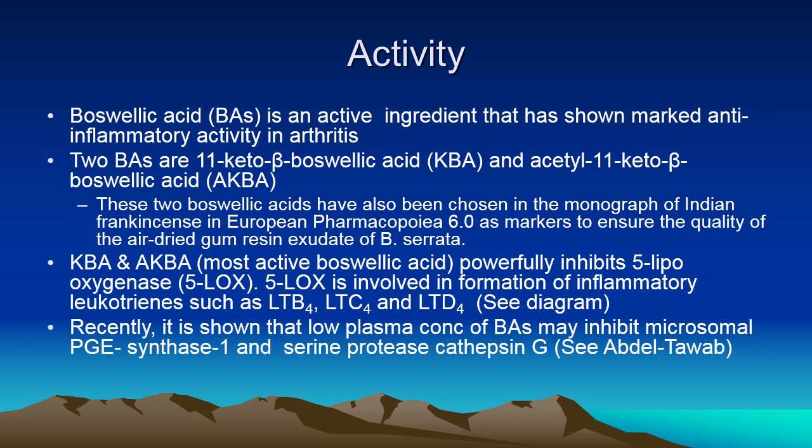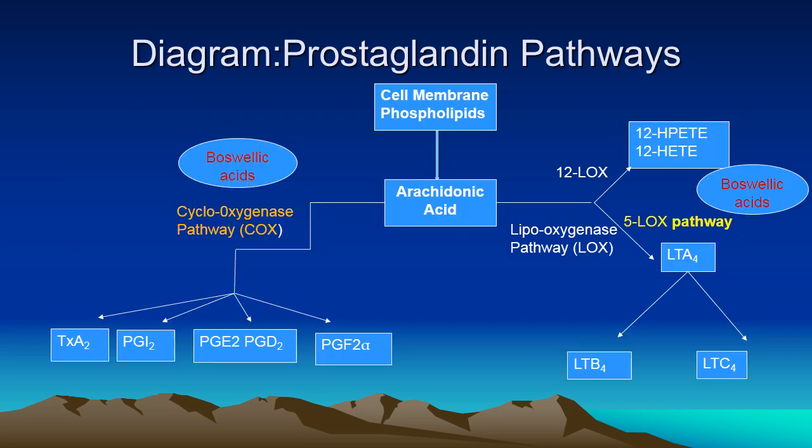Recently, it is shown that low plasma concentrations of boswellic acids may also inhibit microsomal prostaglandin E synthase 1 and the serine protease cathepsin G. They are also involved in inflammation. Now, the exact role of boswellic acids, particularly AKBA, can be visualized in this pictorial. Not only does it inhibit the 5-LOX pathway, therefore reducing formation of leukotriene A4, leukotriene B4, leukotriene C4 and D4, but it may also have cyclooxygenase activity.